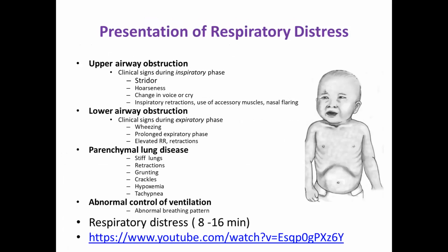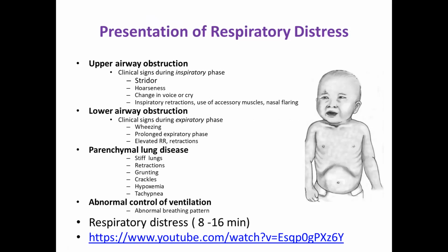So depending on where the pathology is, there are some giveaway signs and symptoms that you can use to distinguish where the issue is. For example, if there is a stridor and hoarseness, change in voice or cry, then the issue is in the upper airway, right?